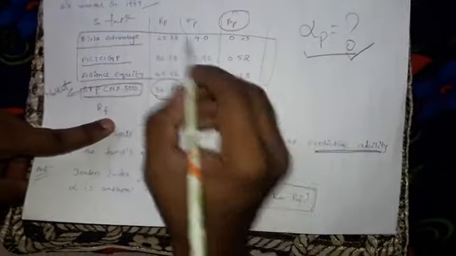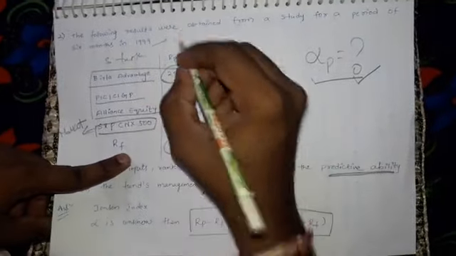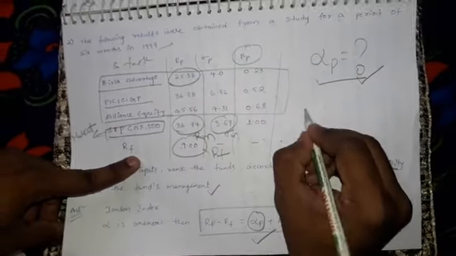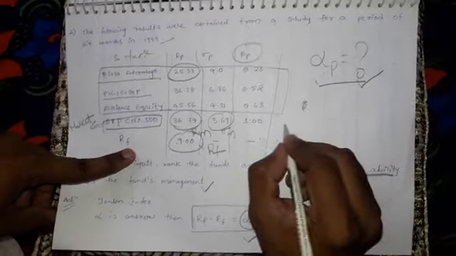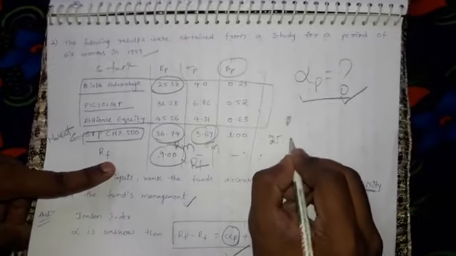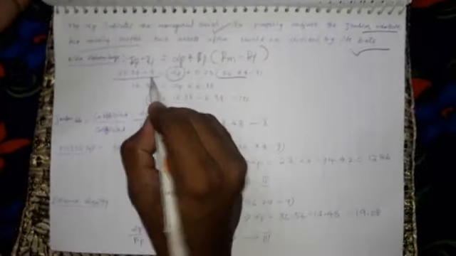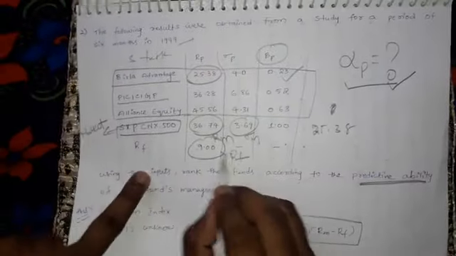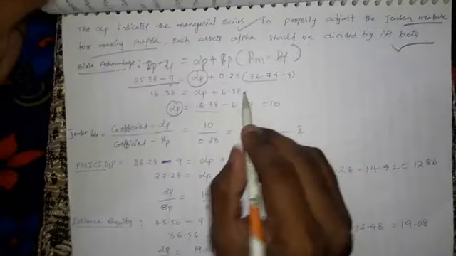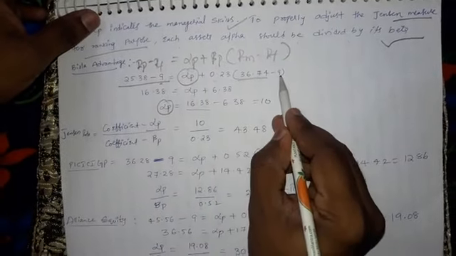This value 25.38 is the Rp value, the risk-free rate of return is 9%. Alpha p is unknown, beta p is 0.23 and Rm is 36.74 and risk-free is 9.